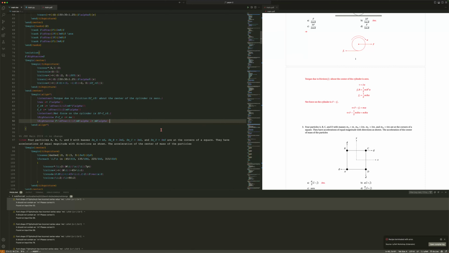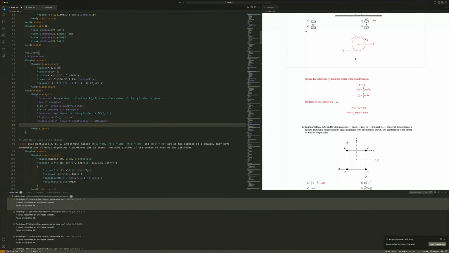Yes, I think we got this one. Let's remove this part, or we can continue. Let's just continue, no problem.